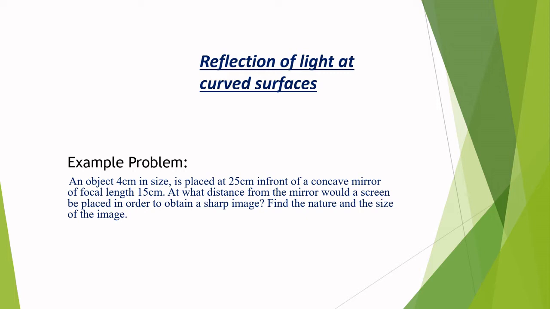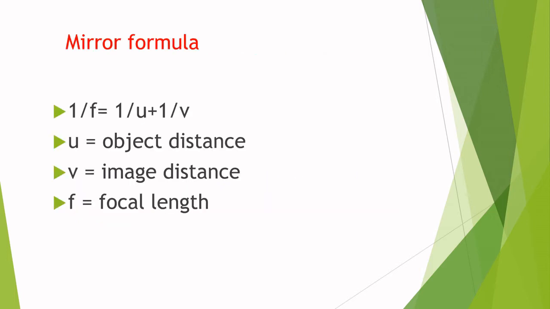Then we have to find the nature and the size of the image. First we find the image distance using the mirror formula. Then we find the size and the nature using the magnification formula. We use the mirror formula to solve this problem.